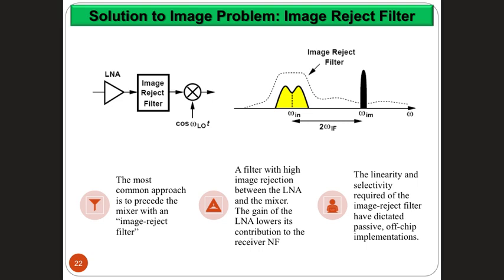And the question is, can we actually put this filter before the low noise amplifier and use it actually as our band selection as well? Well, yes, but the problem is the in-band loss of this filter is very critical.